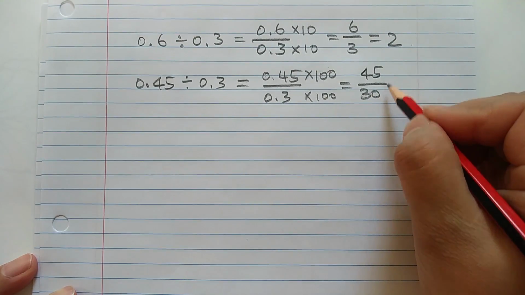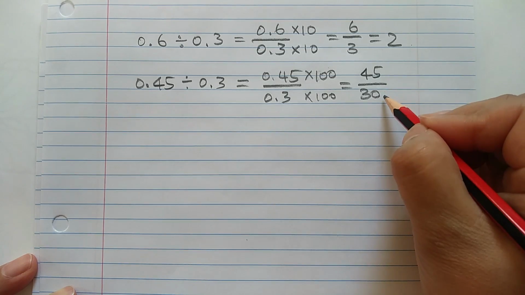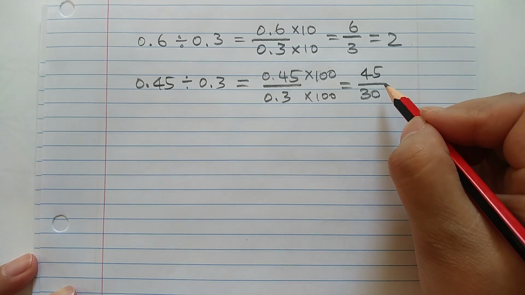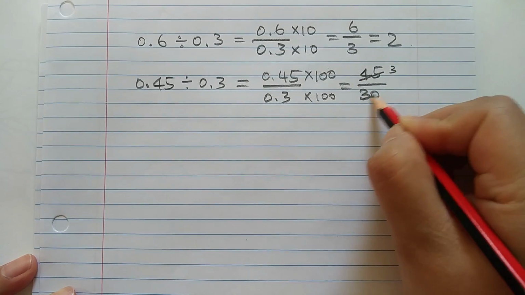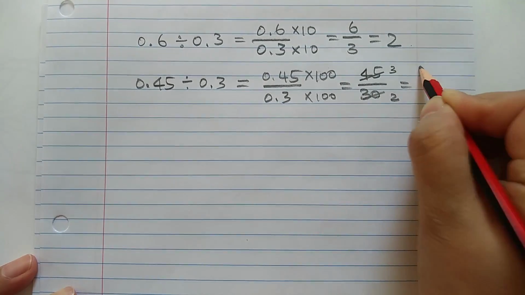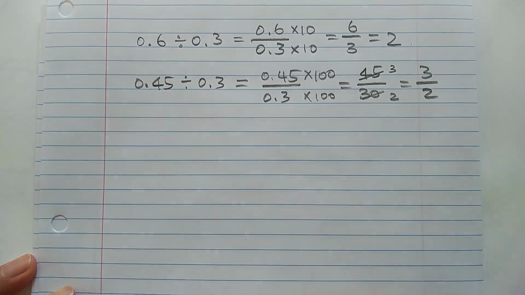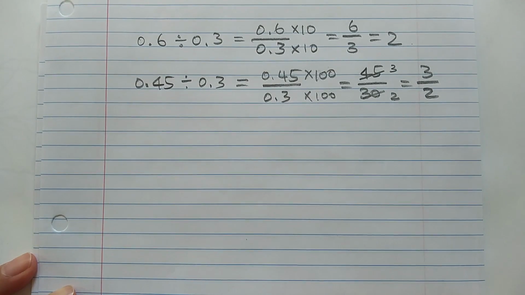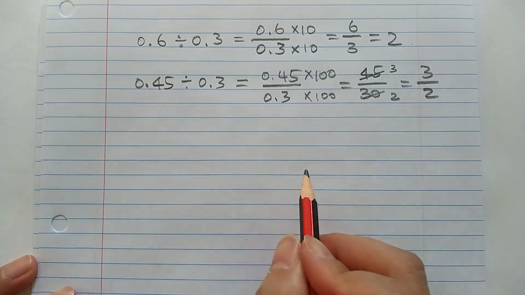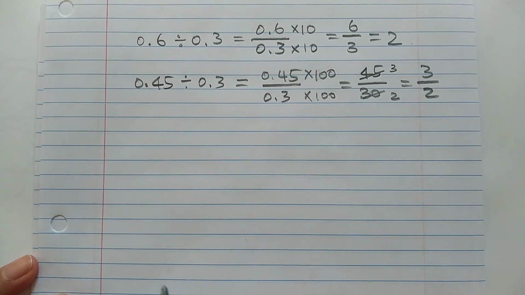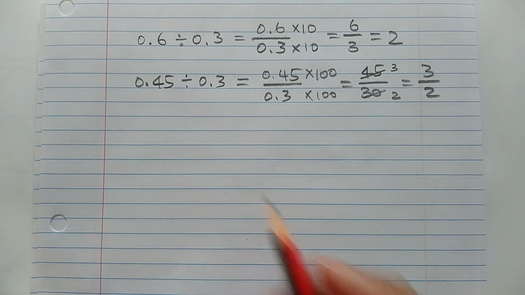Now we gotta reduce this. Both numbers are multiples of 15. So this becomes 3 and this becomes 2. It is 3 over 2. If numbers are simple enough, you can use this method. Now let's try a long division.